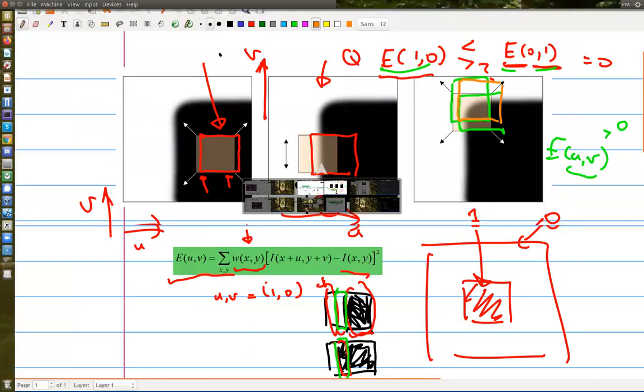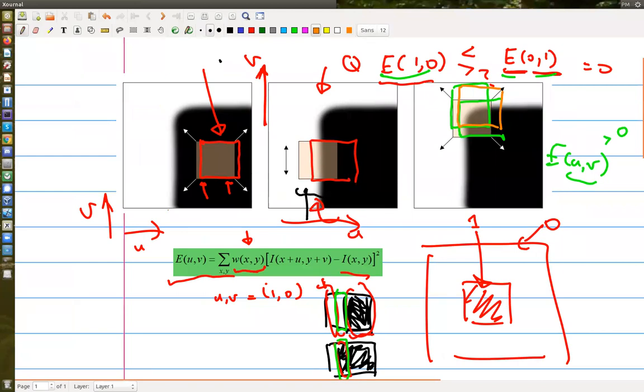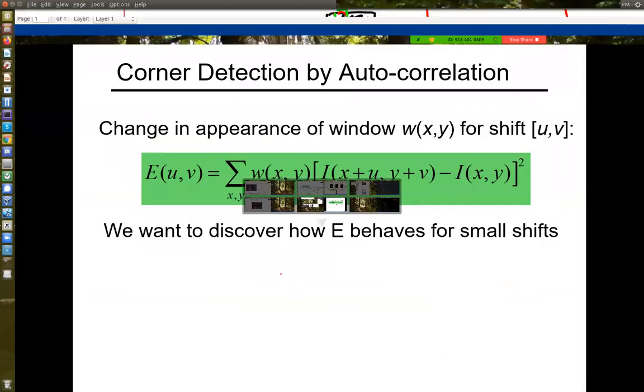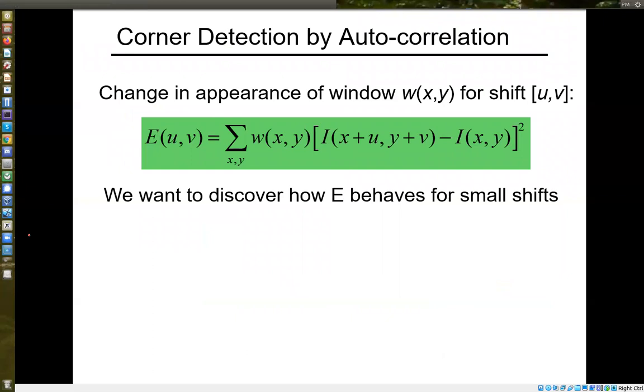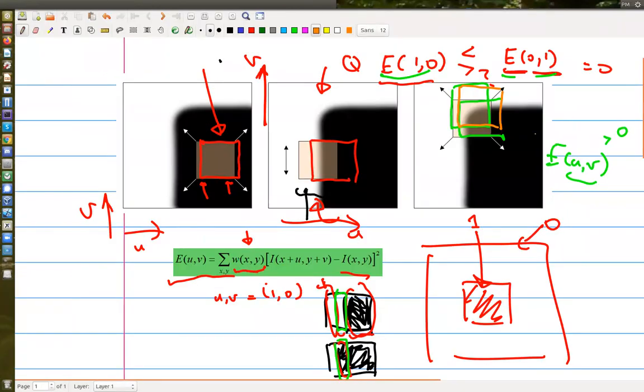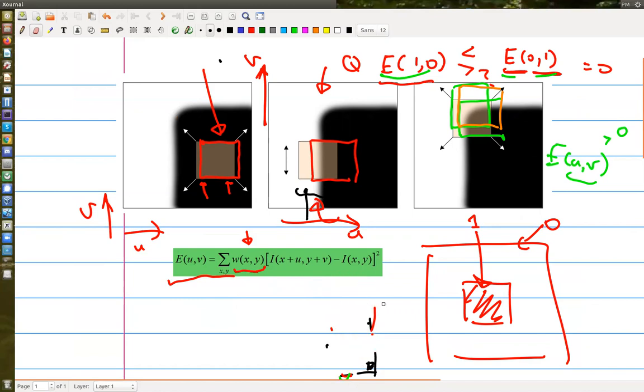Now maybe I get back to some equation here. So then you can use this EUV to specify corners, as I said. Of course, I could do it really from scratch, just compute this EUV for every pixel, right?